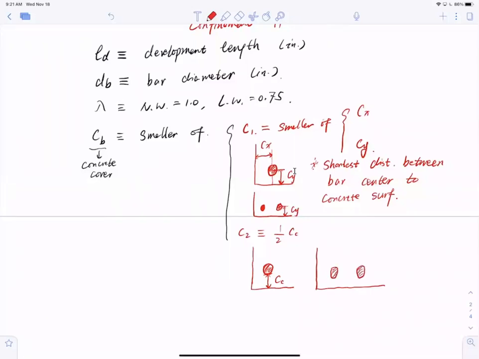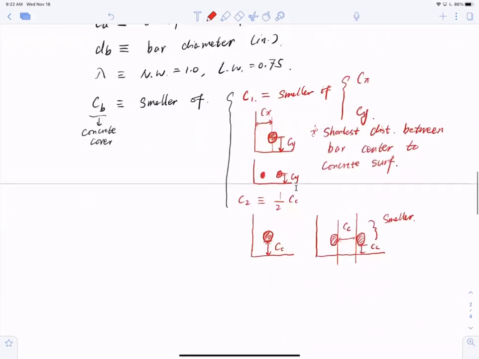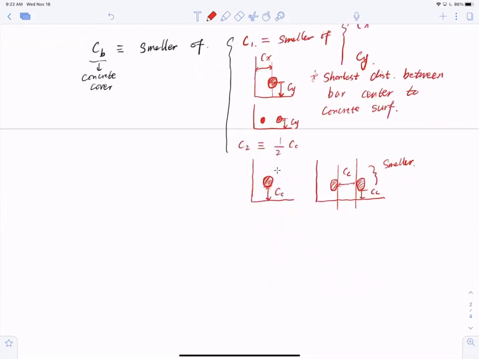To talk about this, CC has to be the shortest between this or this, the shortest between the bars or between the bar and the concrete surface. So these are the coefficients regarding the concrete cover.